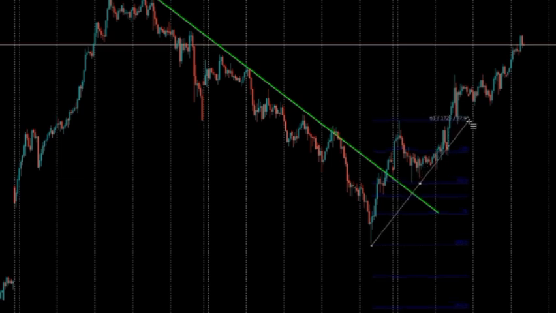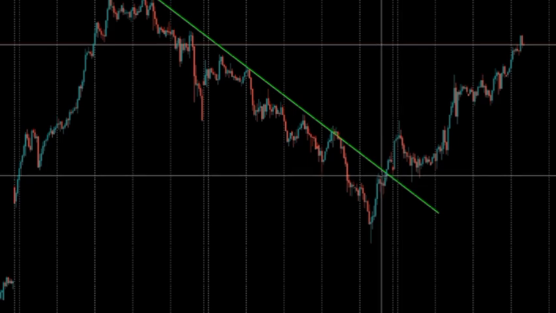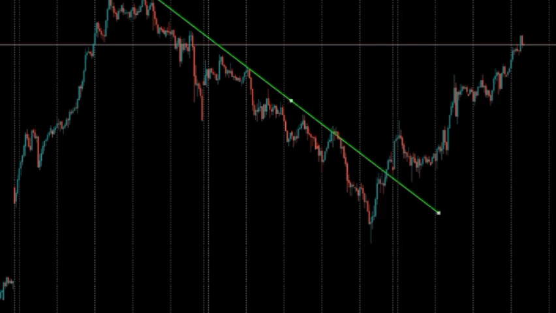So you switch to the 15 minutes time frame. And if you notice, price took a range liquidity at that point while returning to the trend line.